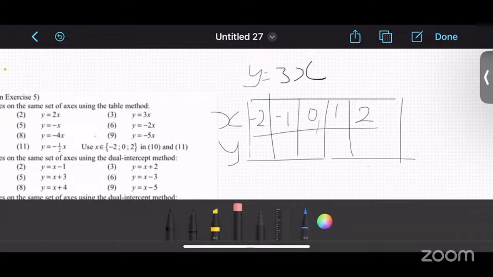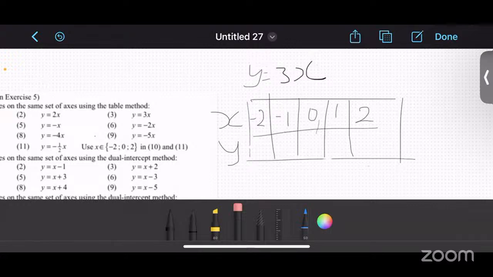We are doing number 3, not 6, right? Then you write y equals 3 bracket -2 close bracket. Then the answer we'll get is -6.